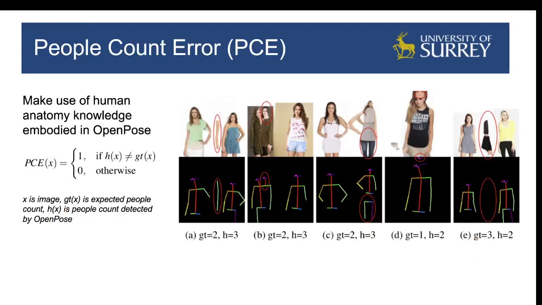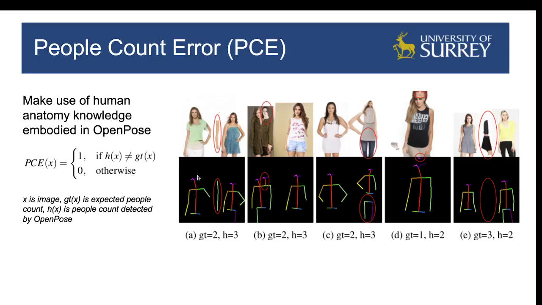Next comes our metric called PCE. How this works: the ground truth is the expected number of people, which comes from the text and the pose information. This is an image created by the model, which of course contains errors. We send this image into OpenPose. OpenPose detects the keypoints and groups them into specific people.